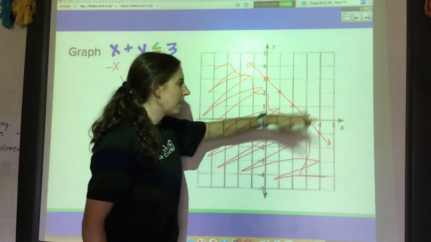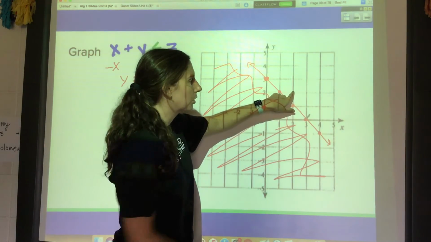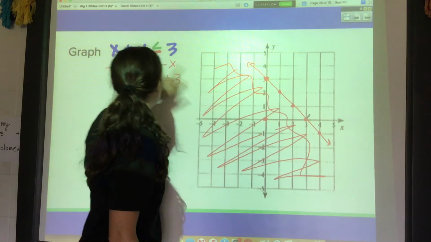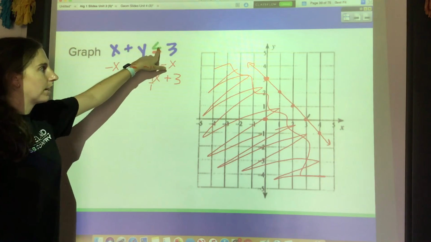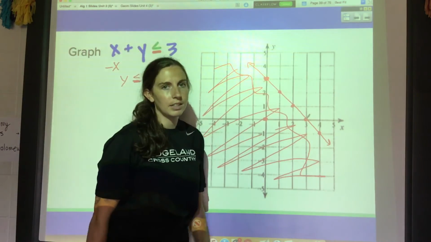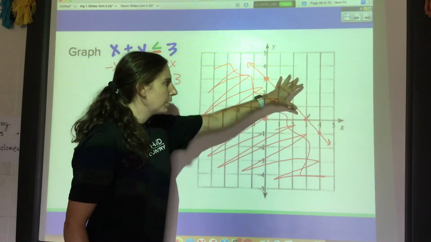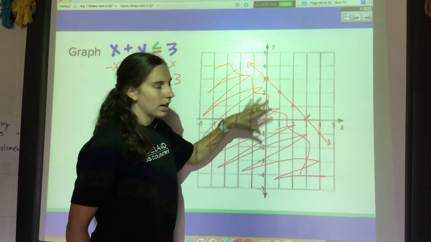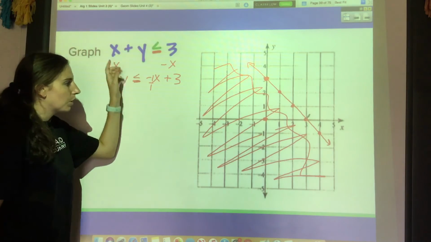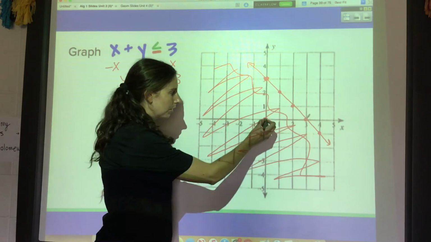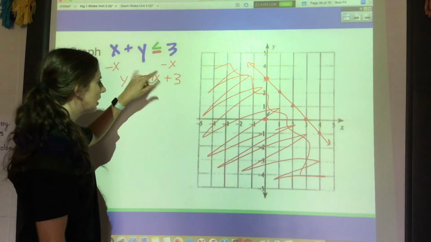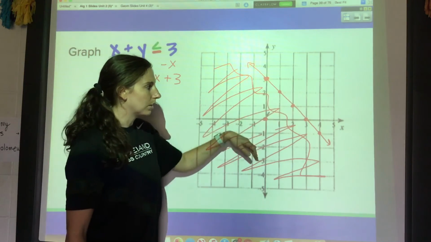But pick something outside of there, like (2, 2). 2 plus 2 is not less than or equal to 3, so it's not shaded. So if you're ever not sure which way to shade, you could always just pick a point, like (0, 0), plug it in, see if it works, and that will tell you whether to shade that way or not.